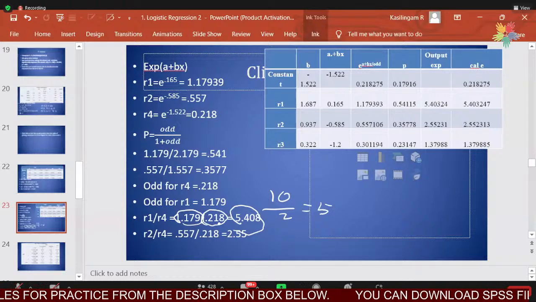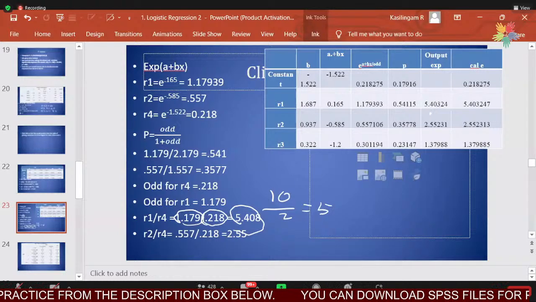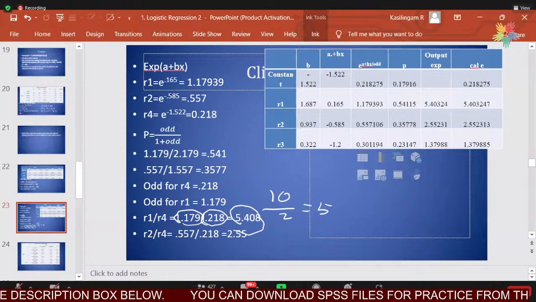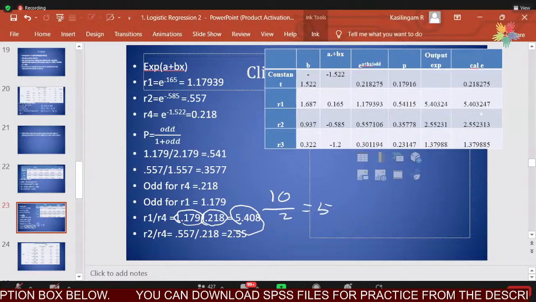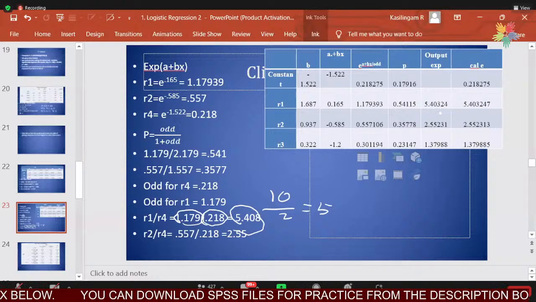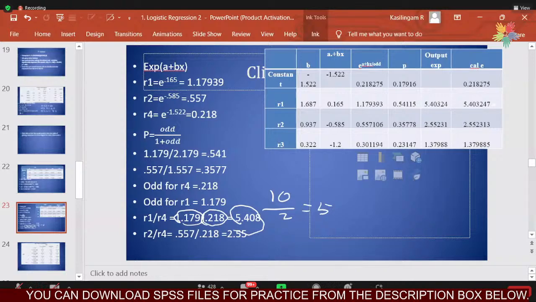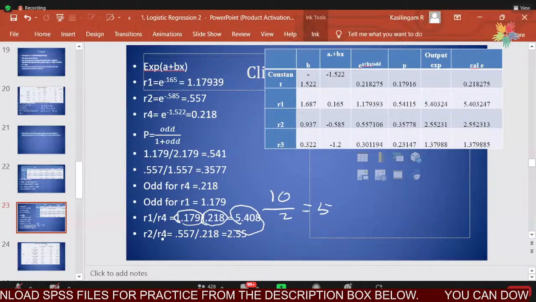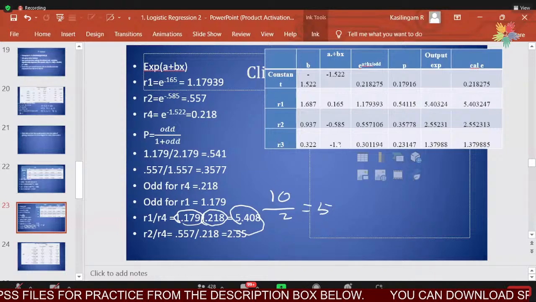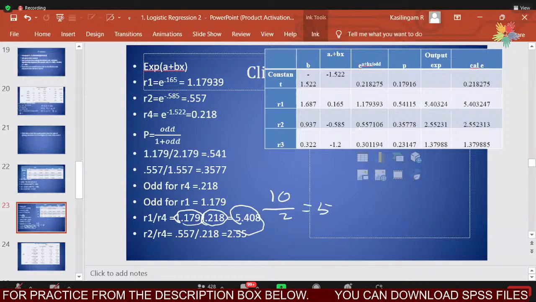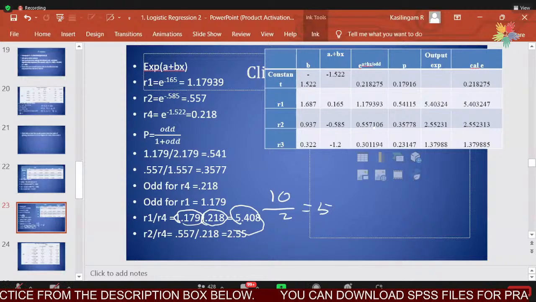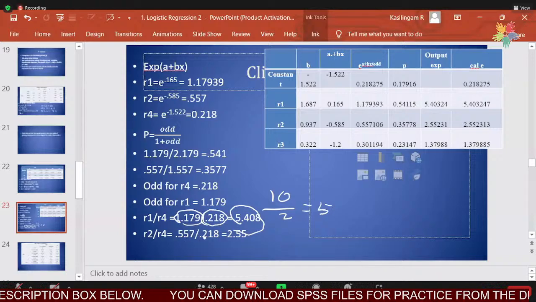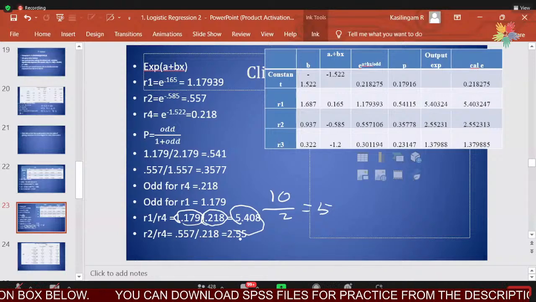Now we can see here, this is the output, 5.4. This is the calculated value. Now here also we will calculate for this one. So rank 2 institution, the odds is 0.557 divided by 0.218, which is equal to 2.4.